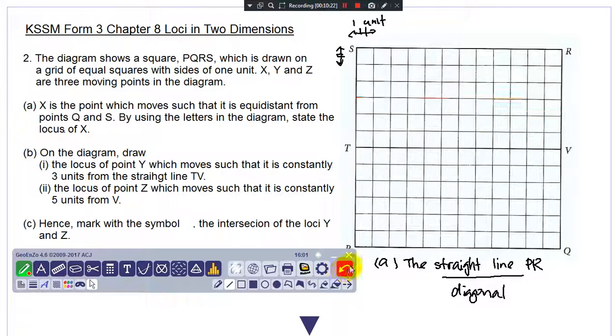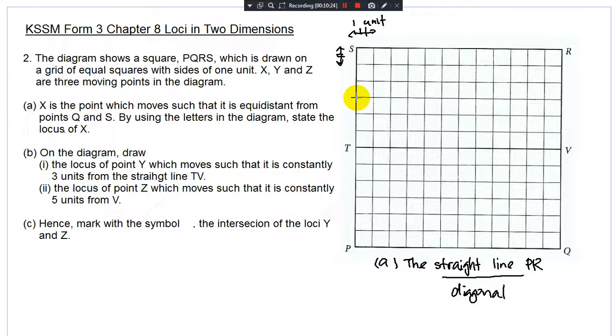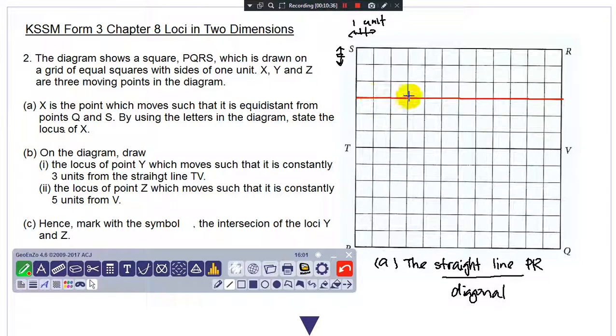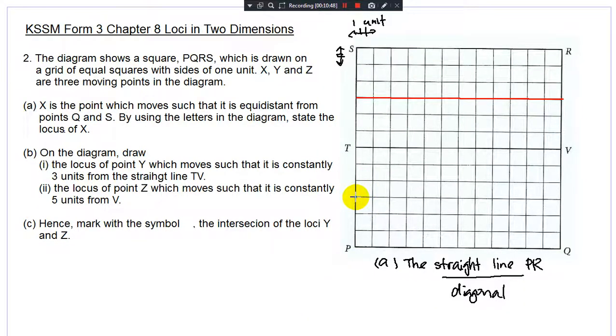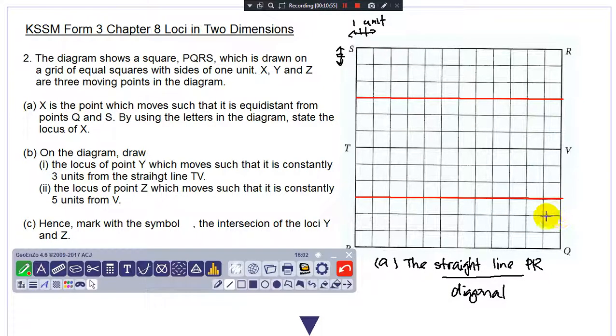Okay, let me draw it again. Make it nice. Just assume this is a straight line. It is not perfectly drawn, but this is a locus. We have another one, 3 units, which is over here.